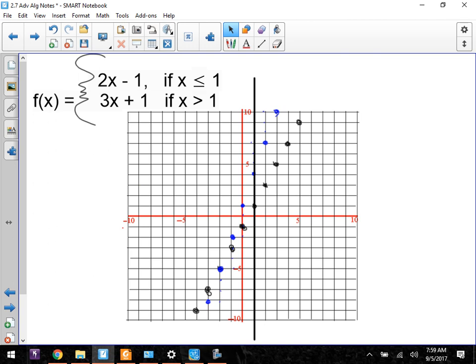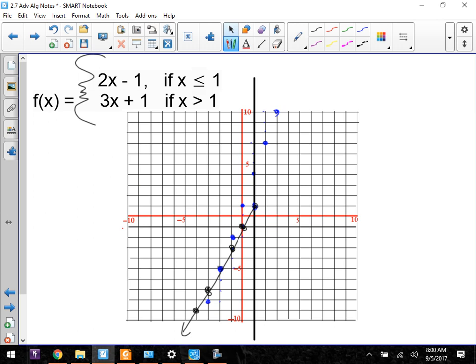So the first graph I did was the 2x minus 1, and it says for if x is less than or equal to 1. So that was the graph that I did in black. So will that dot be a solid or an open dot? Solid. And that one is going to go to the left. Erase my other ones.